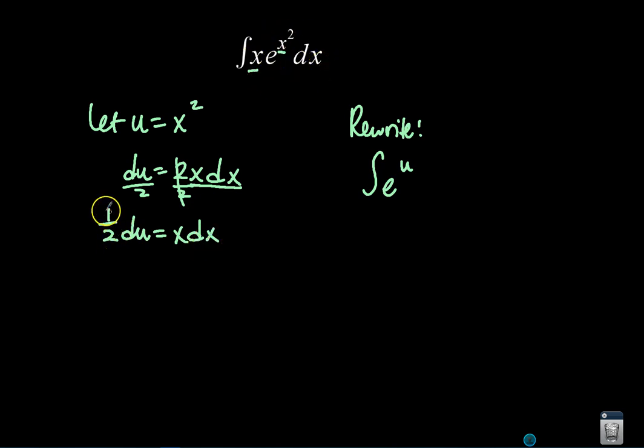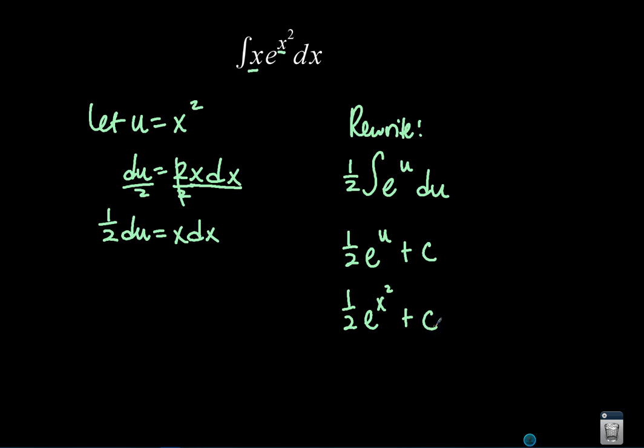Now the catch is I've got this extra 1/2 out front, but that's just a constant multiple, so I can just put my scalar out front here and then write du right here. So now I've got 1/2 the integral of e to the u du. Well, that's just 1/2 e to the u plus c, so 1/2 e to the x squared plus c.